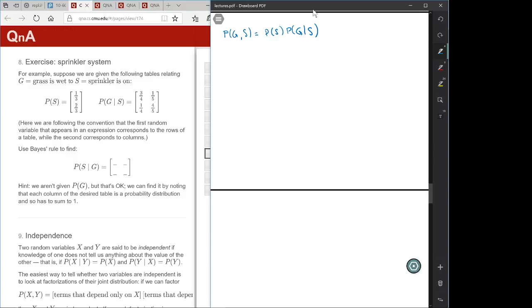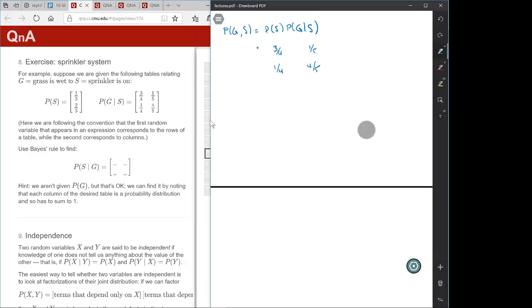And so we can just calculate the answer by broadcasting, right? So broadcasting means that we will take the larger table, so that table is 3/4, 1/4, 1/5, 4/5, and then replicate the smaller table along any of the missing dimensions, right?